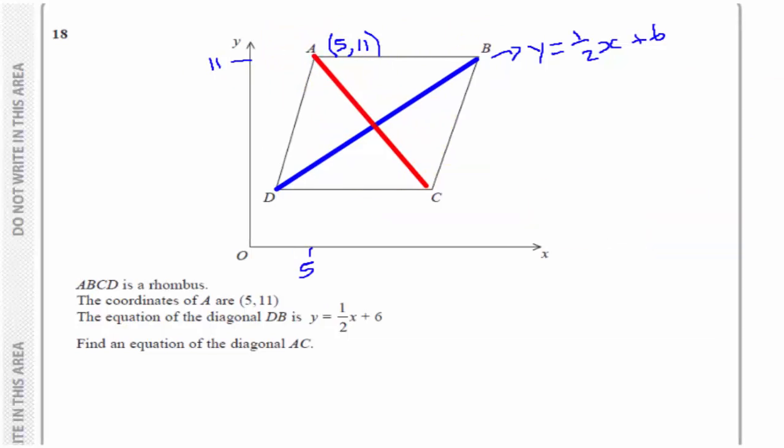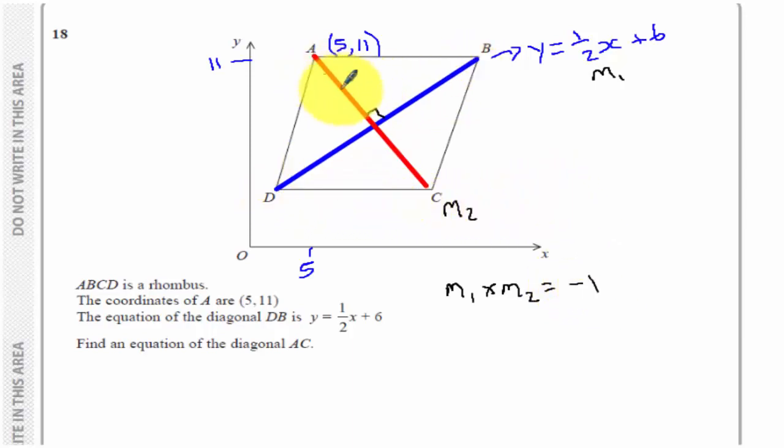The first thing we need to recognize is that the diagonals of a rhombus are perpendicular. So they meet at 90 degrees. If I call the gradient of DB M1, and the gradient of AC M2, a fact I need to know is that M1 times M2 is minus 1.